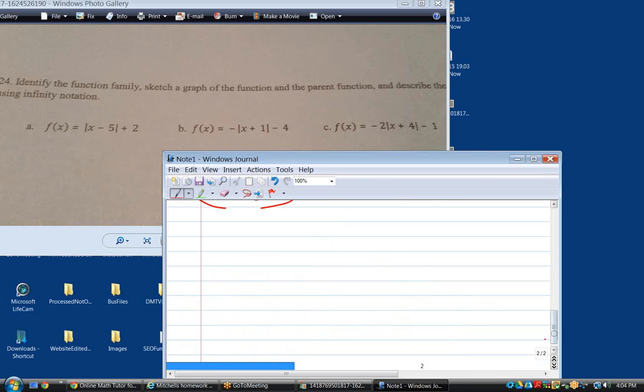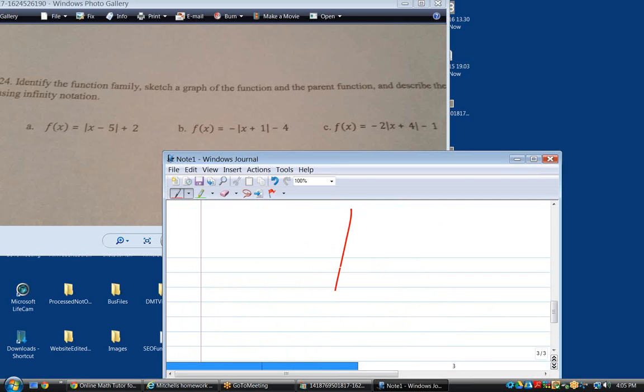Now, having said that, notice the absolute value function, if it's at the origin and you reflect over y, looks the same way. It doesn't change its appearance. Of course, if it's not at the origin, it would matter. But okay, and what's going on in C?